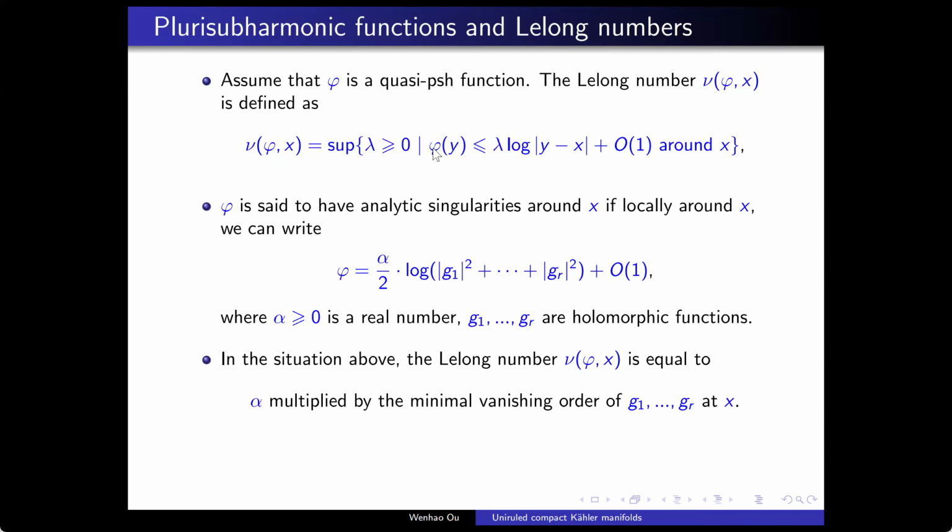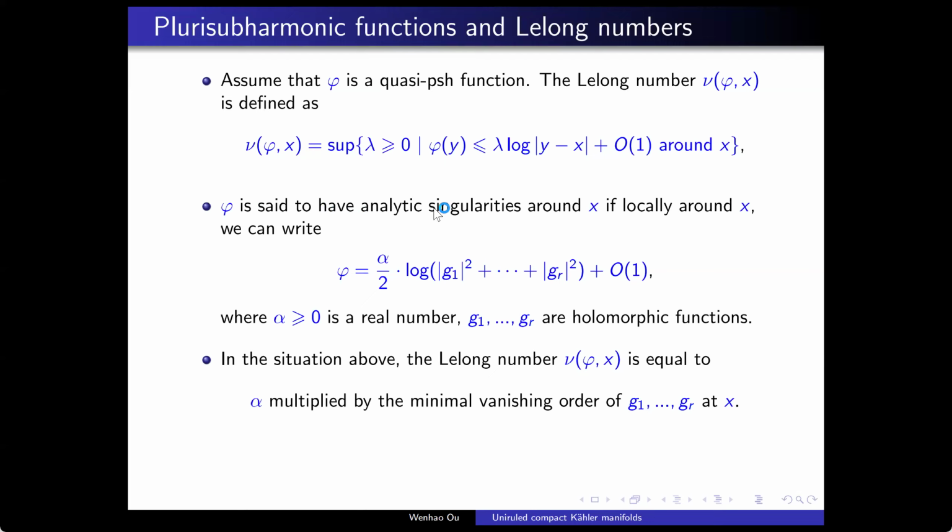Once we know the notion of PSH function, we can define the Lelong numbers. There is a very precise definition here, but we are not going to use it. Indeed, we are going to use the expression for the Lelong number for PSH functions with analytic singularities.